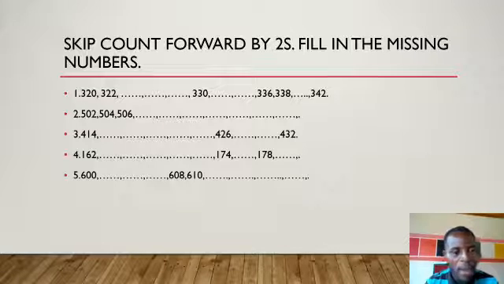Then you have in the 400 column, 414 plus 2, 416. 418 plus 2, 420. 420 plus 2, 422. 422 plus 2, 424. 424 plus 2, 426. 426 plus 2, 428. 428 plus 2, 430. 430 plus 2, that's 432.